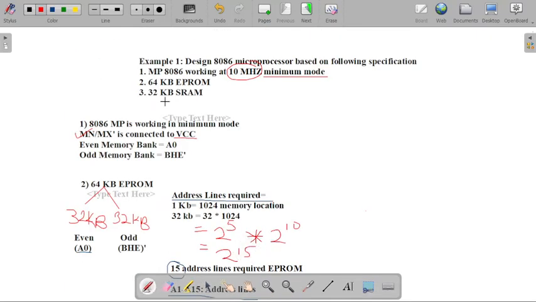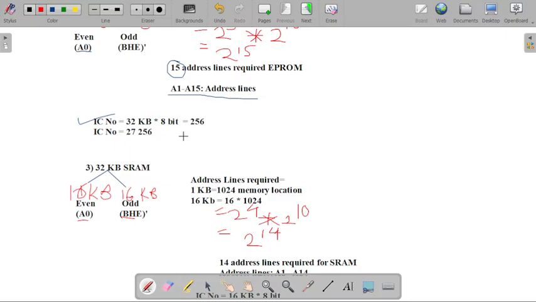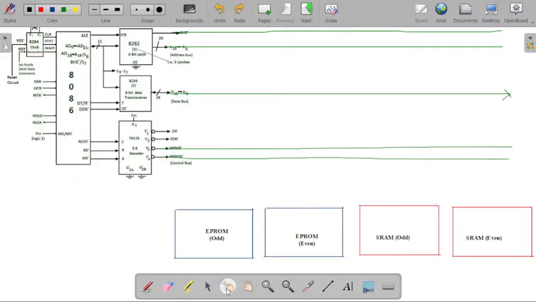So currently we have done with the calculation part of our address line, then which mode will be available, then what is the IC number required for our RAM as well as our ROM. Now we have to draw the memory interfacing diagram. So here there are two memory banks available, the odd and the even memory bank, for EPROM also and for the SRAM also.